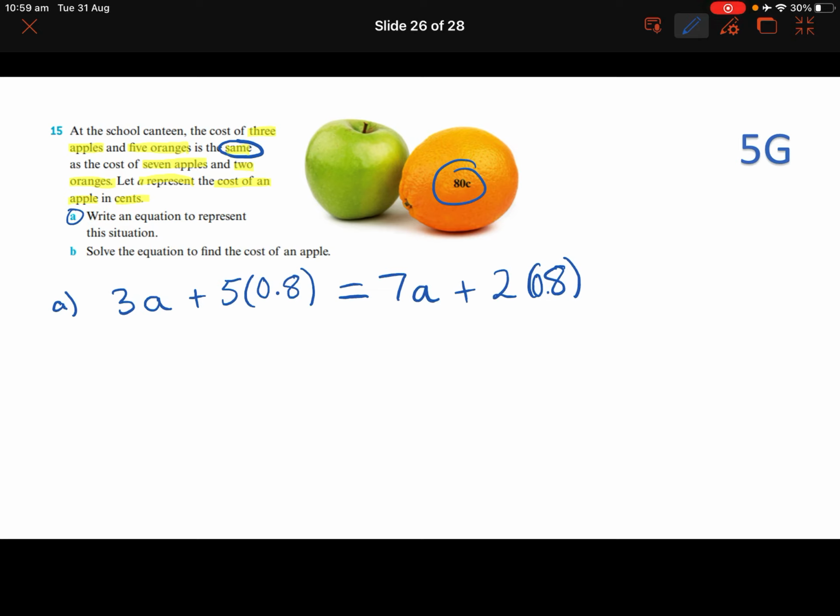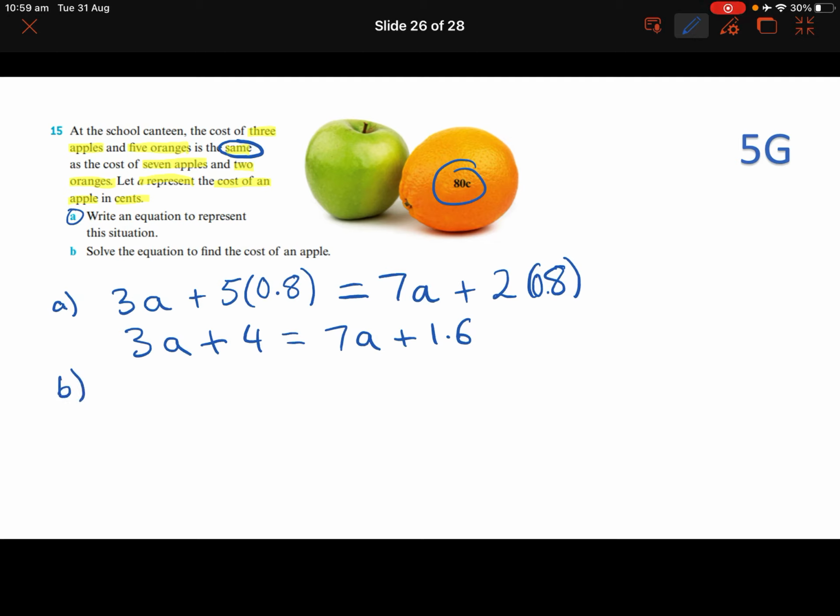So the equation to represent this situation is 3a plus 5 times 0.8. We would get 400 cents or $4. So plus 4 equals 7a plus $1.60. So 1.6 because 2 times 0.8 is 1.6. So that's our answer for that one. We're just writing an equation to represent the situation.